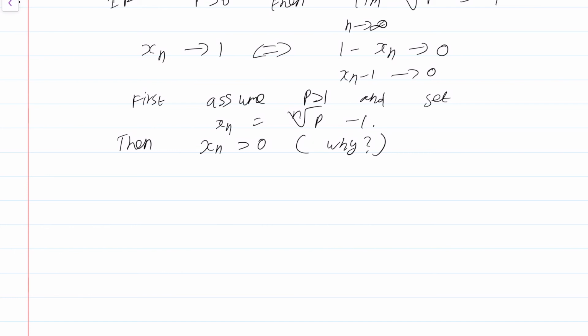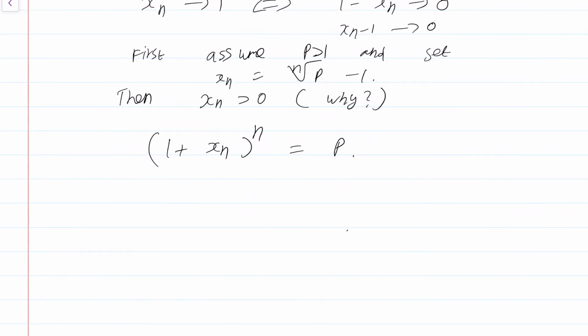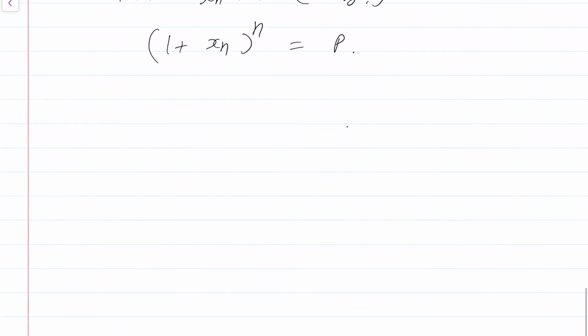How do I approach this? Well, observe that 1 plus xn the whole power n is nothing but p, right? Again, by the binomial theorem, we can write 1 plus n xn is less than or equal to 1 plus xn the whole power n, which is equal to p.